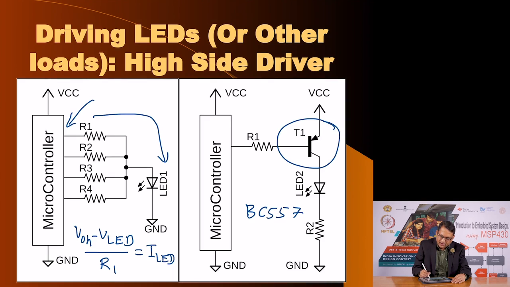It can handle IC max of about 100 milliampere, and using this configuration we can apply VCC to this part, minus of course the VCE sat of this transistor, and using the same arguments we would be able to drive LED 2 with larger current. Let us go through the equation here again.